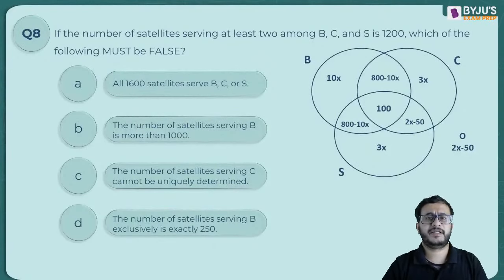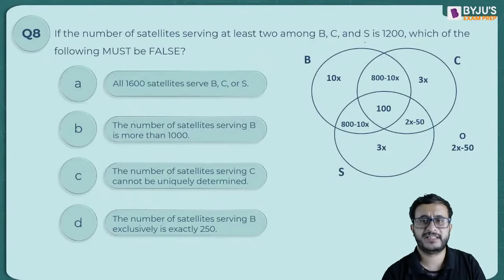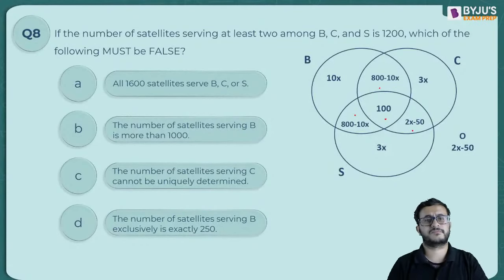So it is saying that at least two among B, C and S is 1200. So this plus this plus this, so this entire region is 1200. So solve for x using these and then read the conditions and tell which of the following must be false out of these.